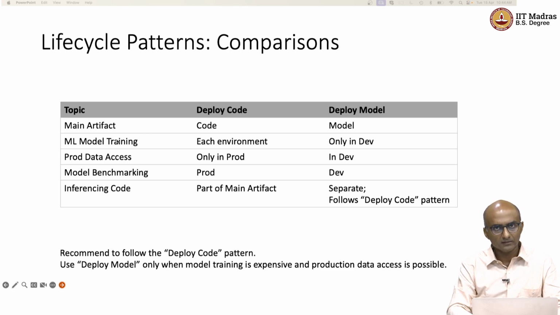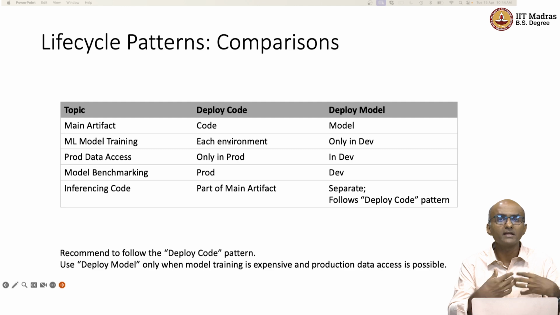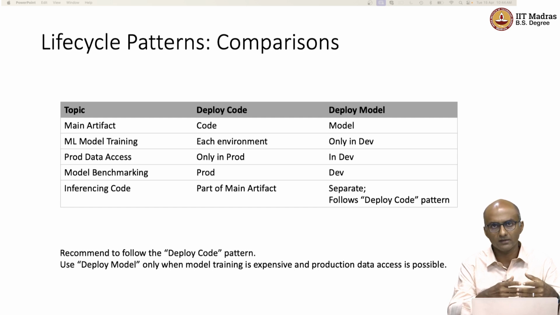Model training happens in each of the environments in deploy code, which means every environment needs to have the associated ability to run the code, which means it needs to have dependencies mapped out, the packages installed, configurations worked out correctly, etc., etc. Right? So keep that in mind. Whereas in the deploy model lifecycle pattern, the model training happens only in dev.